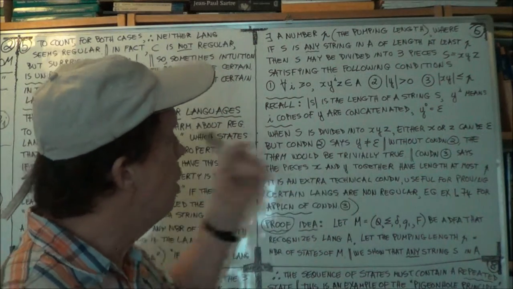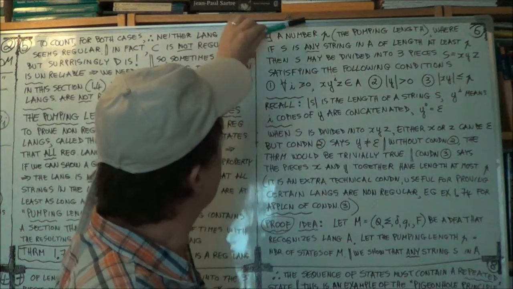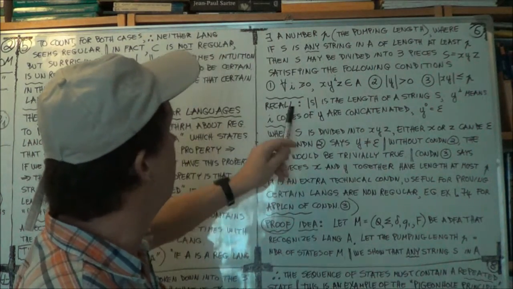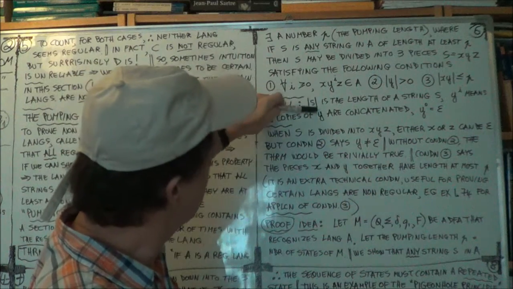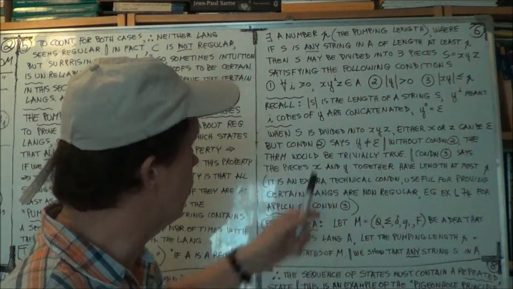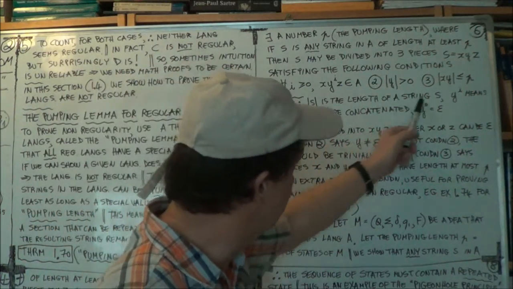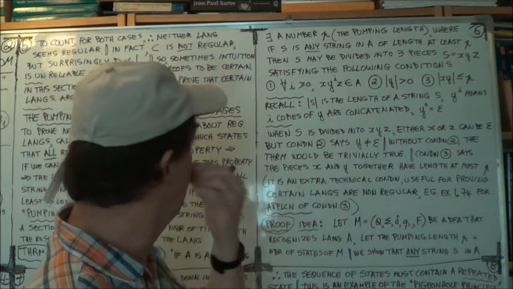Now a few comments. So that's the statement. A bit of a reminder here. The s with the vertical bars, that's just the symbol for length of the string s. It's defined as the length of the string. In other words, how many symbols does it have in the string? Okay.